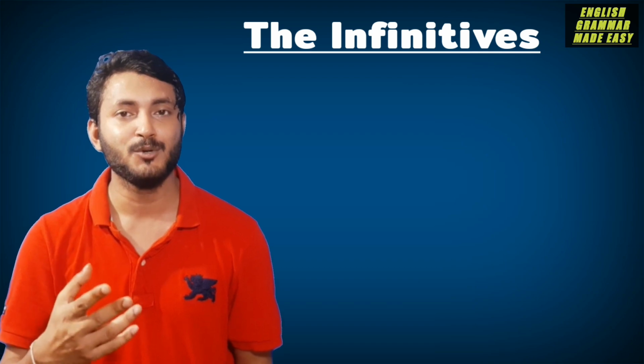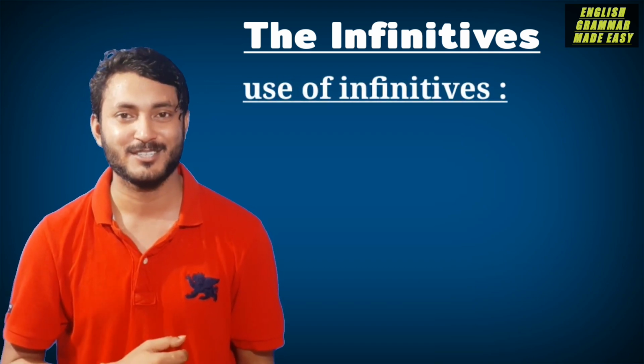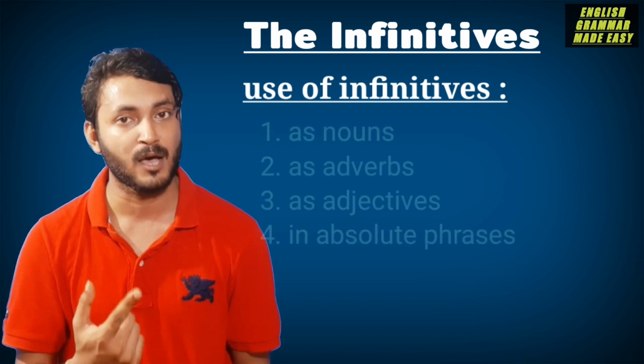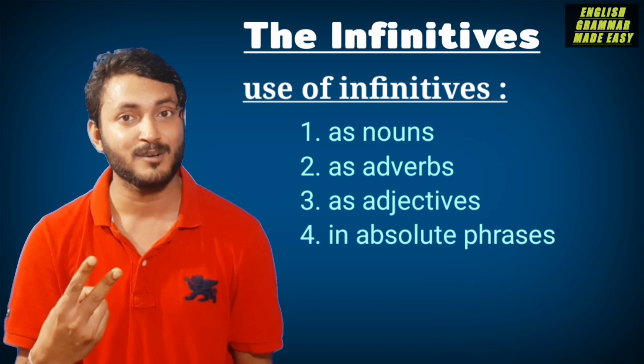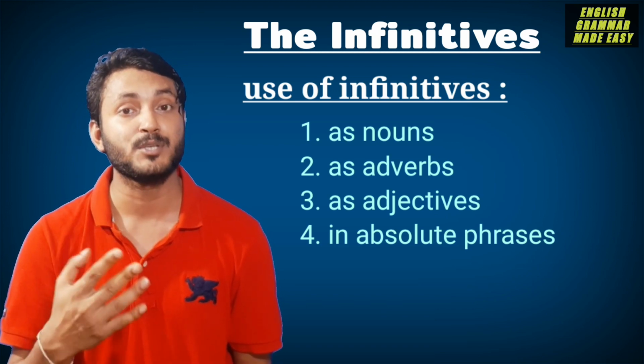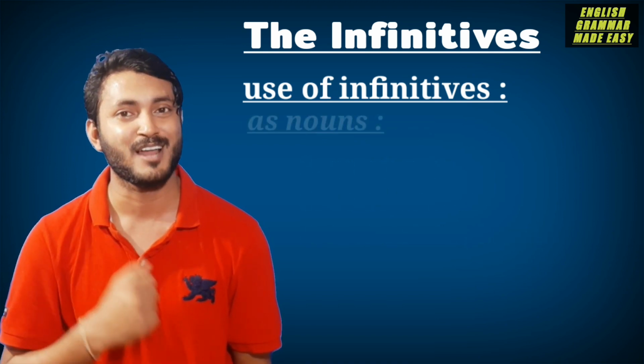Now let me tell you how infinitives are used in English sentences. Well, infinitives are used in different manners. They are used as nouns, they are used as adverbs, they are used as adjectives, and they are used as parts of absolute phrases. Let us first deal with how they are used as nouns.